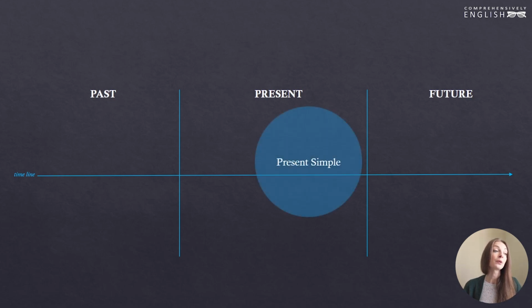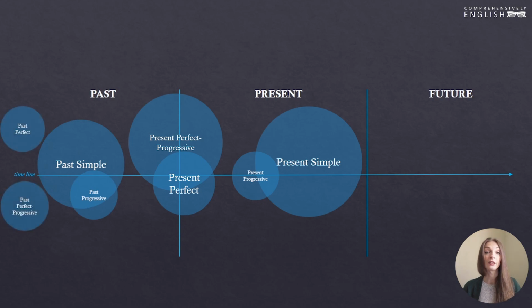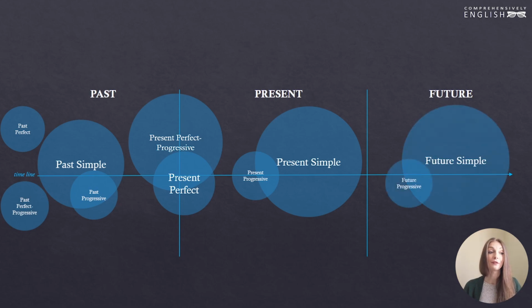The present simple, the present perfect progressive, the present progressive, and the present perfect. In the previous lesson, we spoke about the past tenses. The past simple, the past progressive, the past perfect, and the past perfect progressive. Today, we'll be speaking about the future tenses. That is the future simple, the future progressive, the future perfect progressive, and the future perfect.